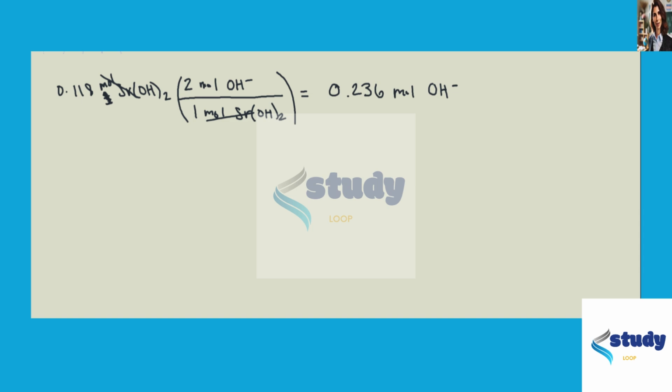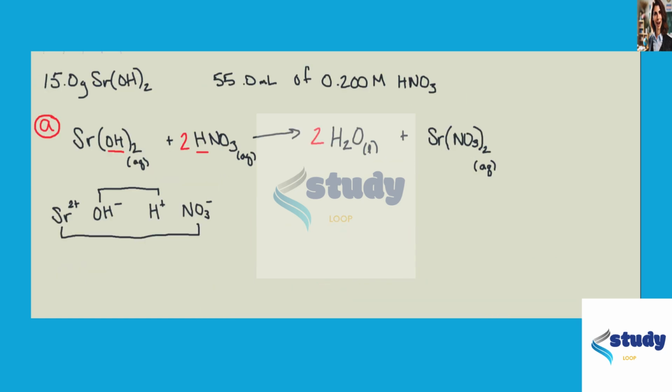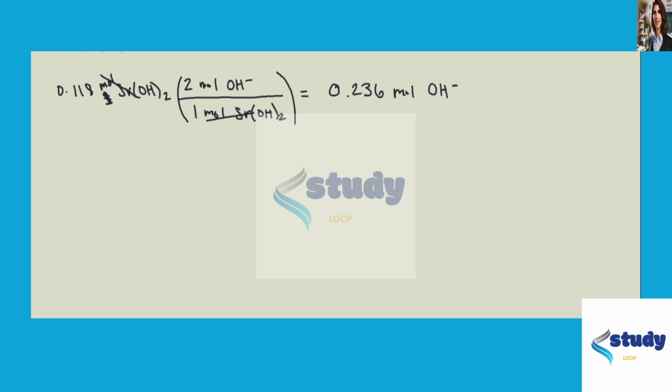Of my limiting reactant, I don't have any hydrogen ions left. However, what we have to look at is what is participating in the reaction and what's not. I have hydroxide and hydrogen that are reacting. In every acid-base reaction, the general breakdown is that H plus and OH minus react to form water.